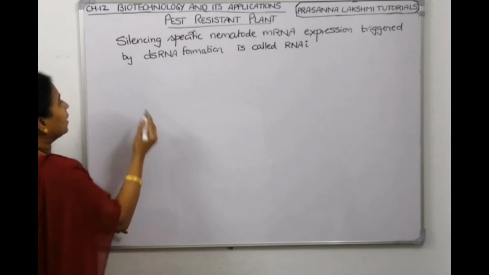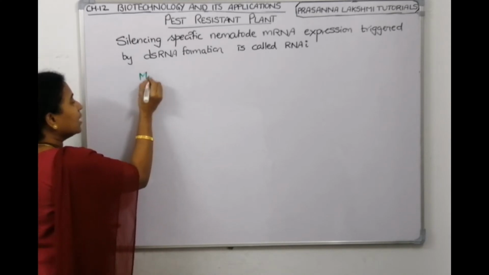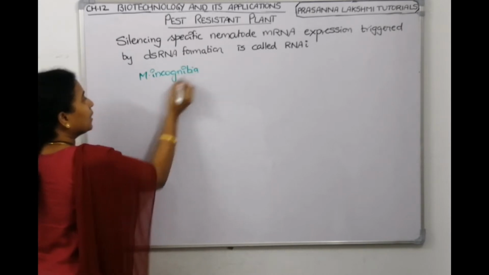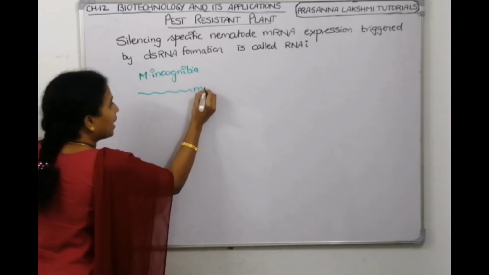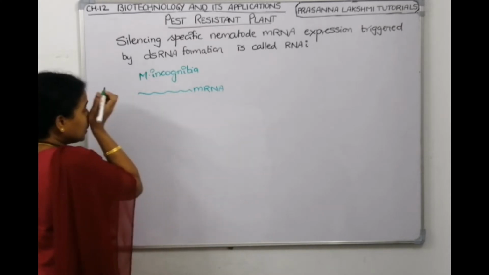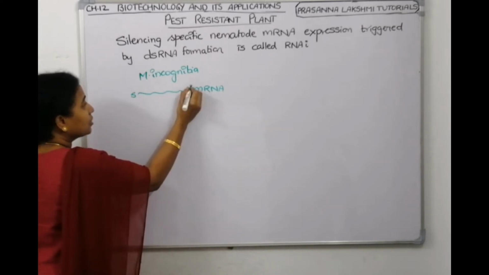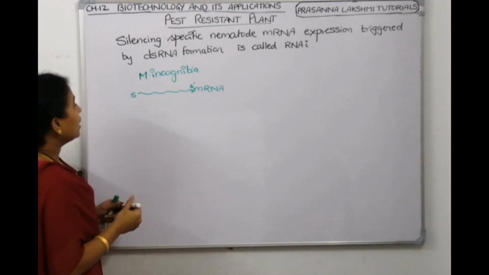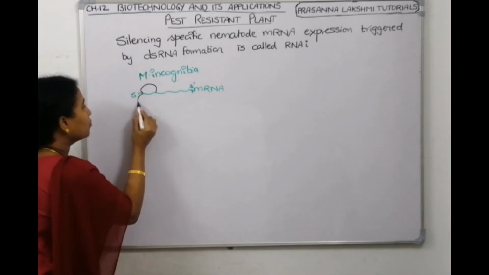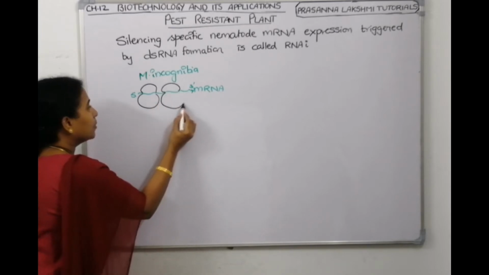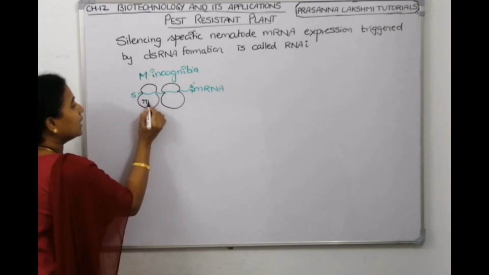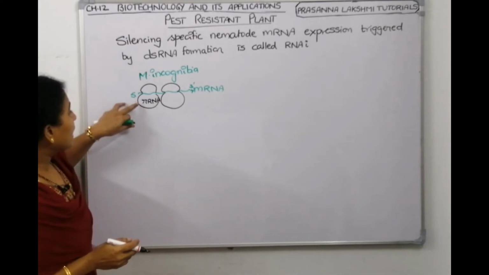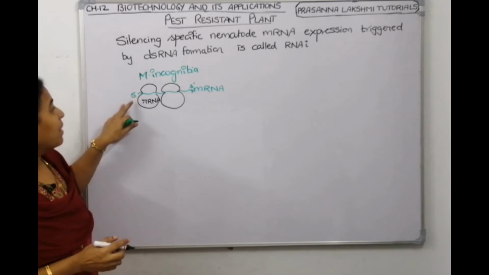So, the nematode Meloidogyne incognita will produce its mRNA, in the 5' to 3' direction. Only if it is single stranded can it bind to ribosomes, because ribosomes have rRNA, which is also single stranded. Single stranded RNA binds with single stranded mRNA.